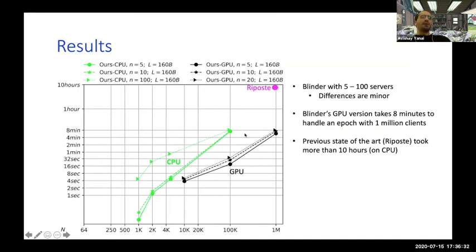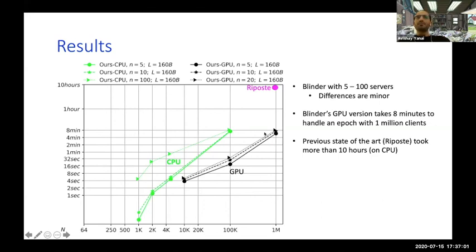The bottom one is when Blinder is implemented with 5 servers. The middle one is when implemented with 10 servers, and the top one is when implemented with either 100 or 20 servers. So the figure shows that in only 8 minutes, we can handle 100,000 clients with the CPU implementation, or 1 million clients with the GPU implementation.